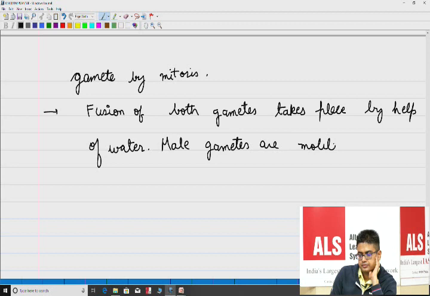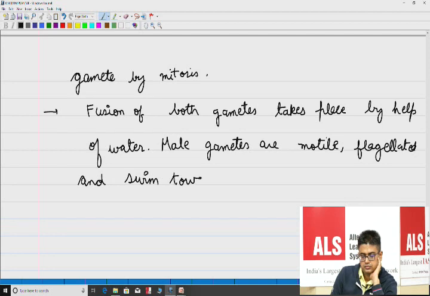Motile, flagellated, and swim towards the female gamete.